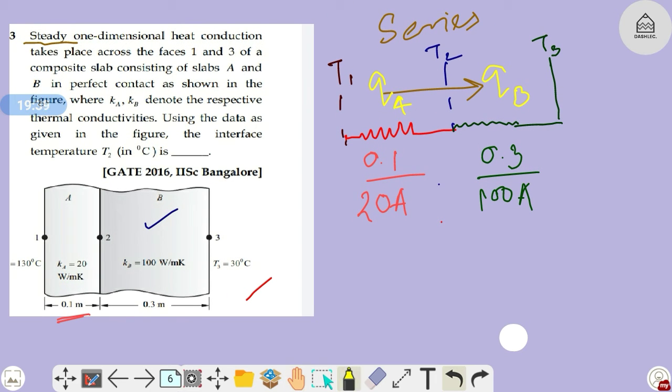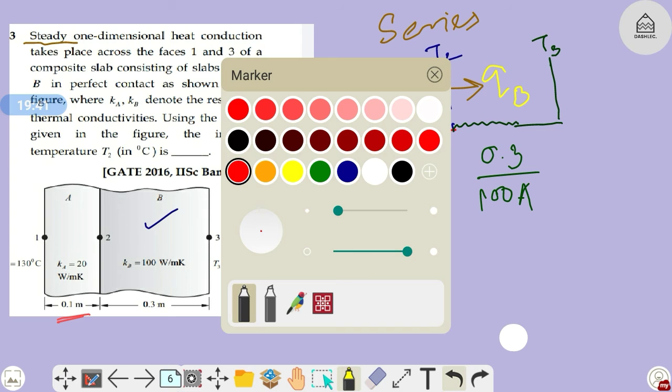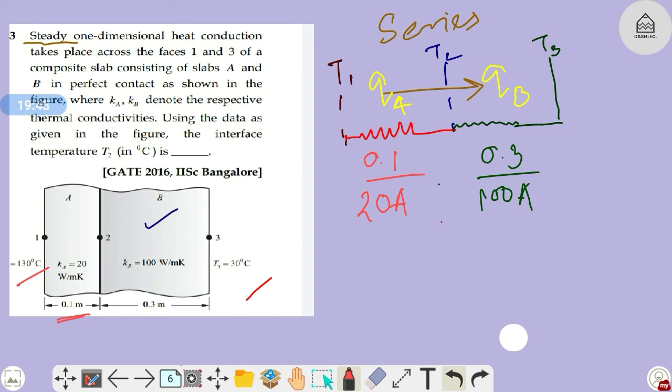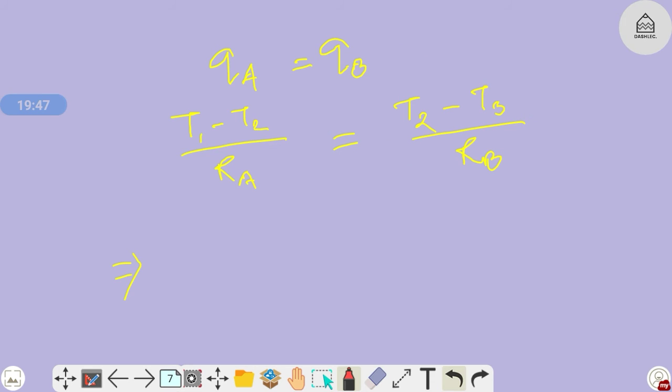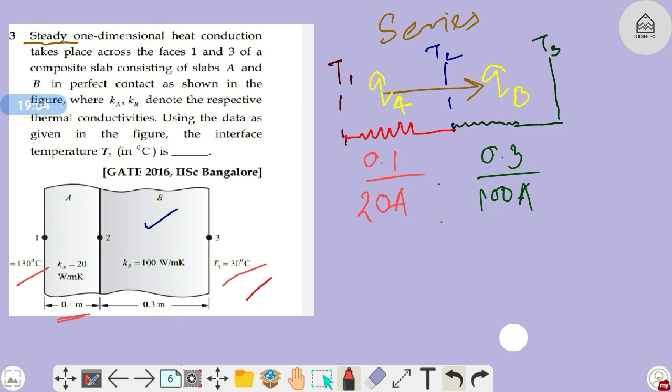So T1 is 130 degrees, it is given in the question. T3 is 30 degrees. Now I will put them: 130 minus T2 divided by RA.